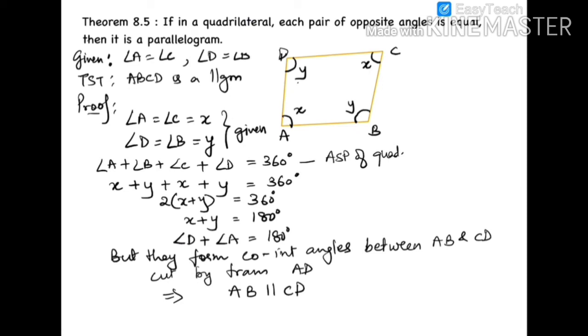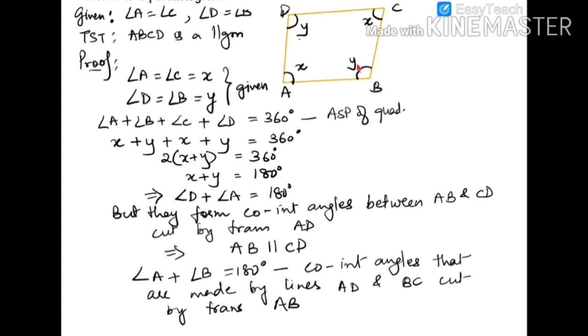Similarly, angle x in the figure is angle A and y is angle B. So if we replace x plus y with angle A plus angle B, we get the sum of these two angles equal to 180 degrees. But these two angles are on the same side of line AB between the lines AD and CB.